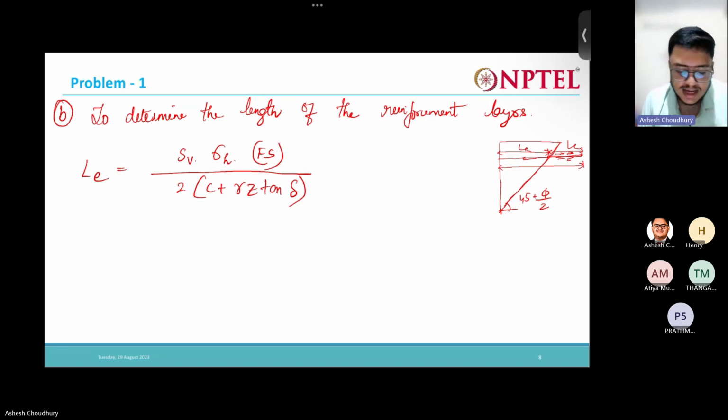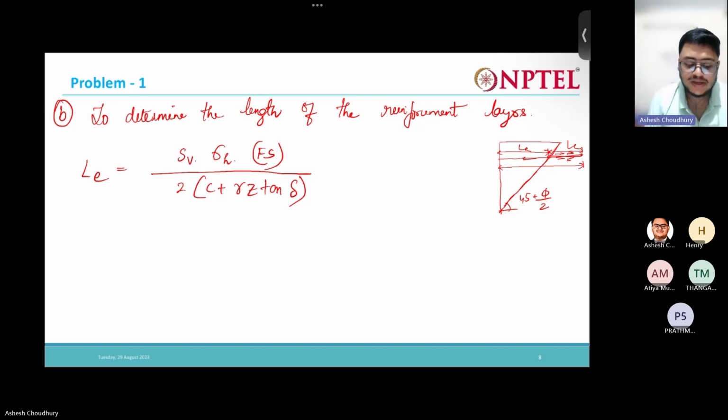So in 2C plus gamma Z tan delta into L_E, delta is the friction angle between the reinforcement and the soil, which can be determined from the shear box test. Okay, that we need to determine from the shear box test. This 2C plus gamma Z tan delta into L_E is nothing but the shear force that is mobilized.